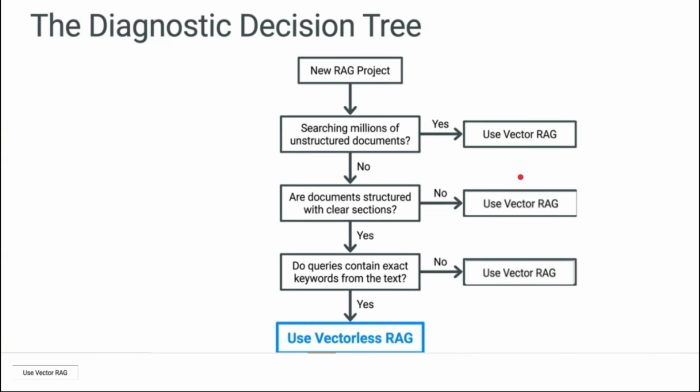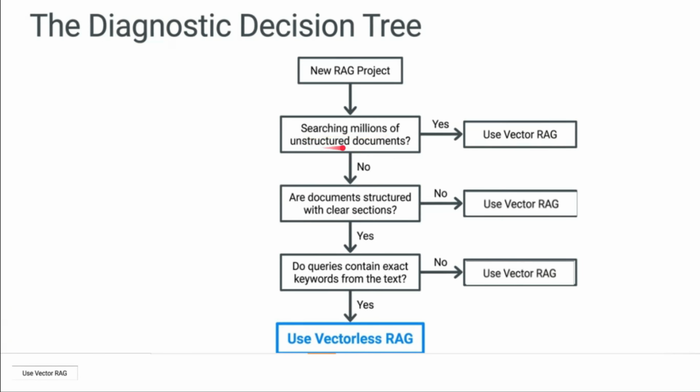Now, when should you use it? Let me be very clear about this. Vectorless RAG is not for every use case. If you're searching through millions of documents or doing semantic similarity across unstructured text, Vector RAG is the right tool.